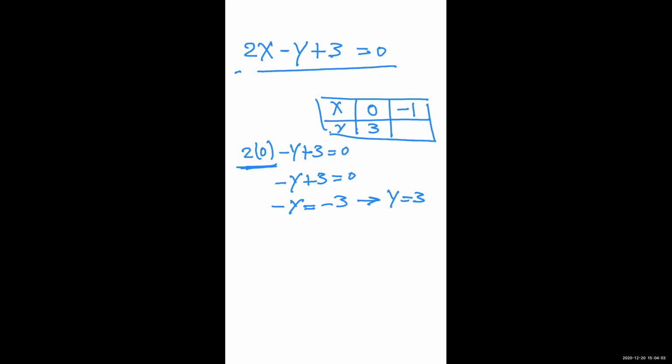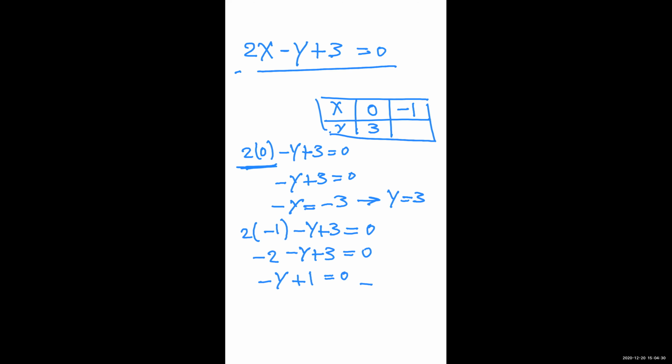Okay, the next one, if x equals negative 1, this means 2 times negative 1 minus y plus 3 equals 0. So 2 times negative 1 means negative 2 minus y plus 3 equals 0. So here negative y plus 1 equals 0.